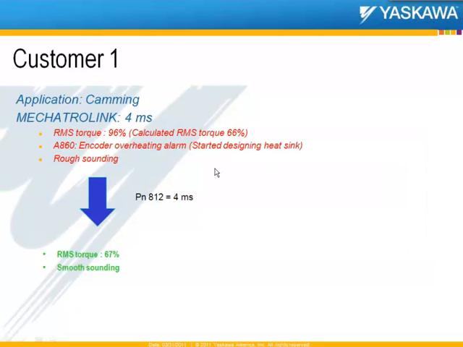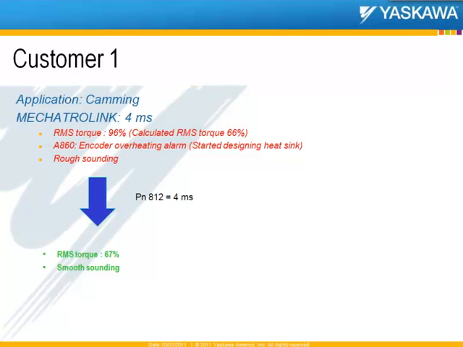Here's an example of customers who benefited from using the sub-interpolation in the servo pack, parameter 1311. This was a camming application where they were using 4 millisecond Mechatrolink updates. Their calculated RMS torque when sizing the system came to about 66%. When they ran tests, they saw that the RMS torque was all the way up to 96%, which ended up overheating the encoder. They were getting encoder overheat alarms, and had already started designing heat sinks when they contacted Yaskawa.